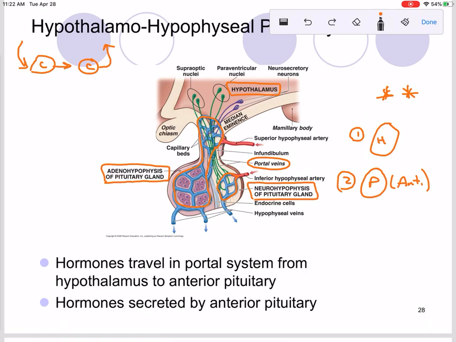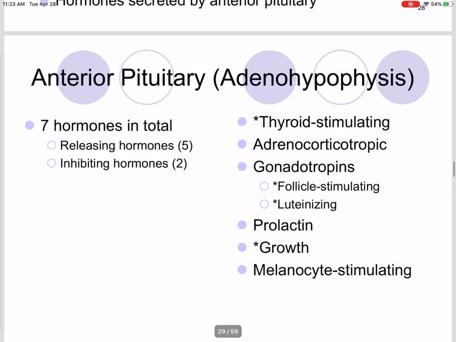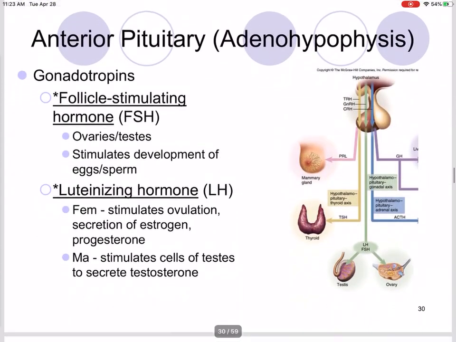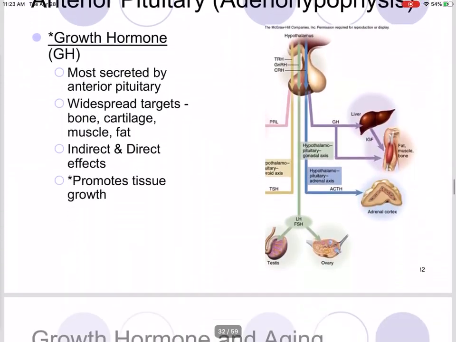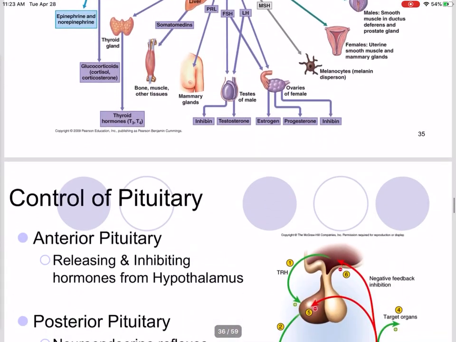The hypothalamo-hypophyseal portal system is a series where we have two capillary beds. One capillary bed is in the hypothalamus, and the second capillary bed is in the anterior pituitary gland. And of course, the portal veins are what connect these two capillary beds. So focus on what I said over here. Good.